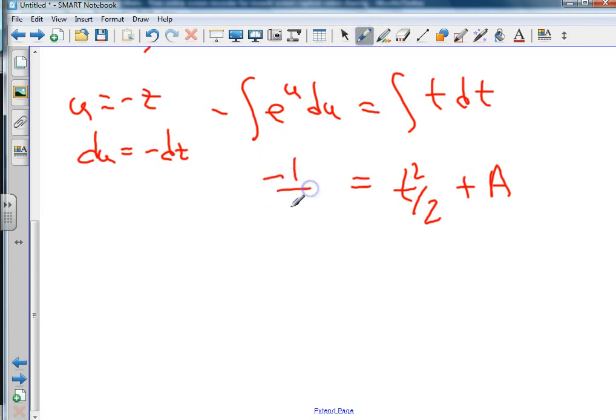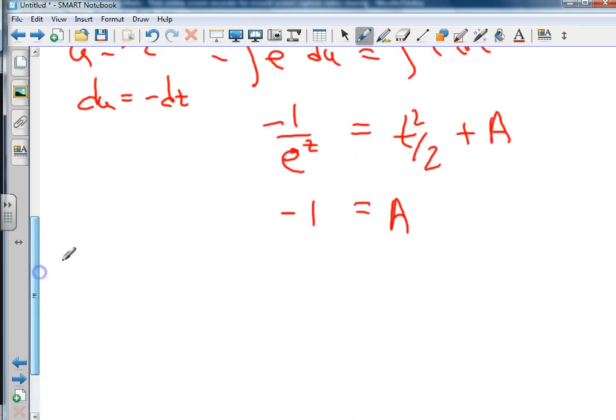We could get z alone first, but I think I could get A while I'm at it. Plug in z is 0, so e to the 0 is 1, and negative 1 divided by 1 is negative 1. Plug in 0 for t: t squared is 0, over 2 is 0, plus A is A. That was easy. A is negative 1.